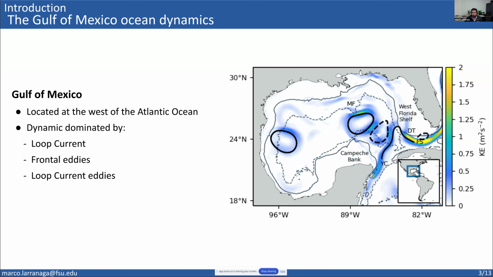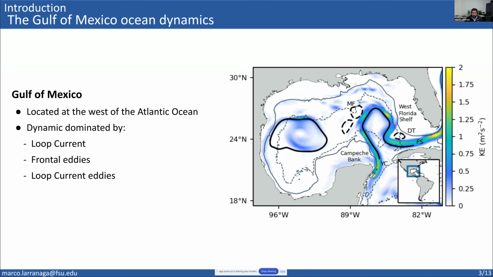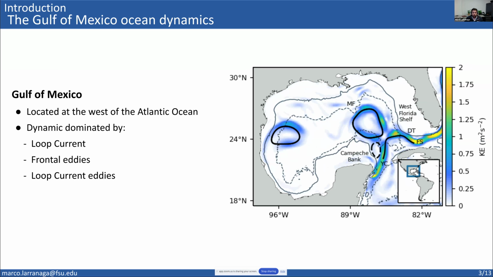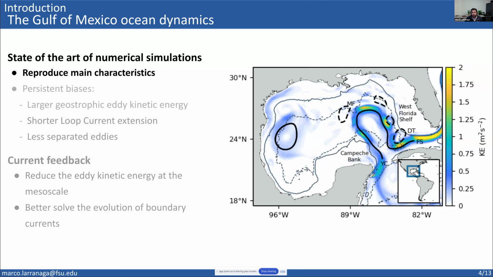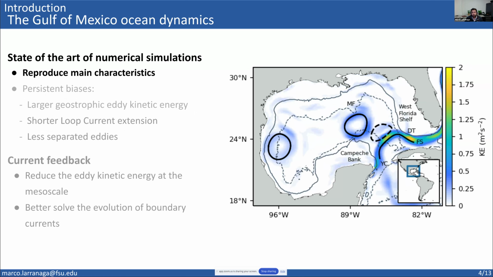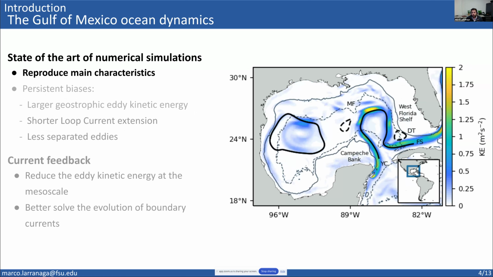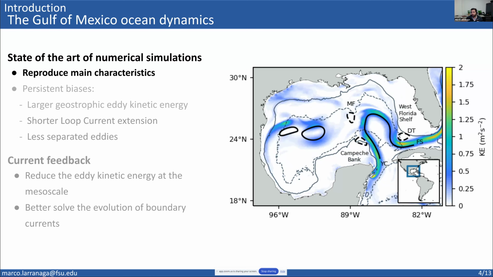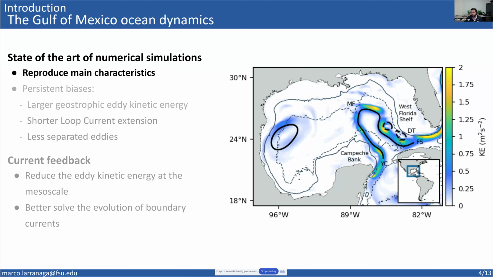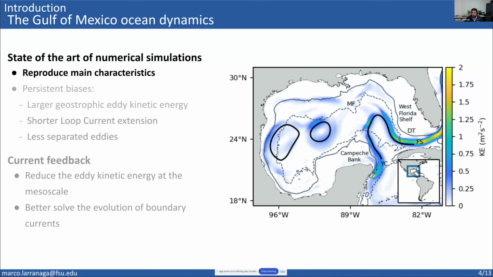It's a good region to study the current feedback. So about numerical simulations, I mean, forced or coupled numerical simulations without the current feedback can reproduce the main dynamic characteristics of the Gulf of Mexico. For example, the loop current is able to grow, to detach, and to separate loop current eddies.